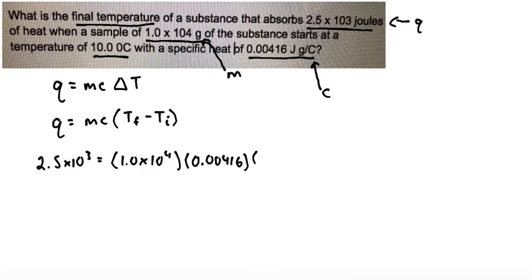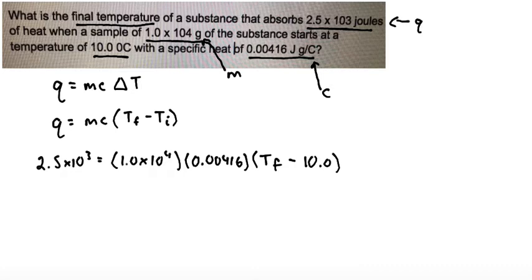And then the temperature is final minus initial. We're looking for the final temperature, so we'll leave TF as TF and then subtract the initial temperature, 10.0 degrees Celsius. And notice that our specific heat has a unit of C, so we don't have to change our temperature to Kelvin in this case.